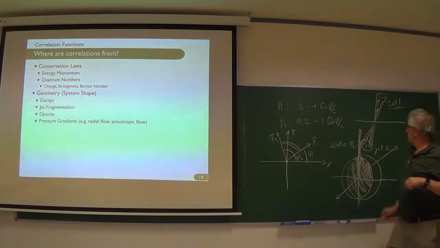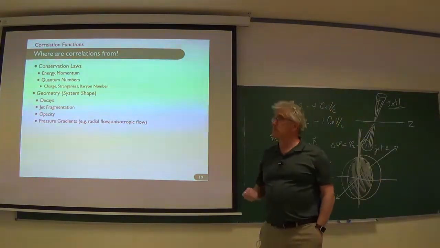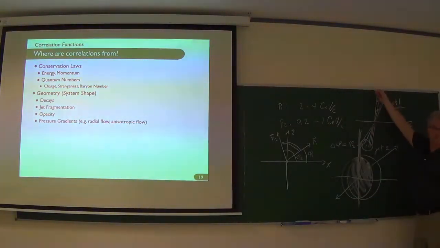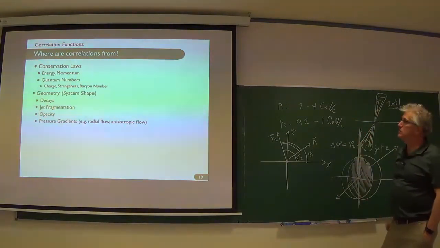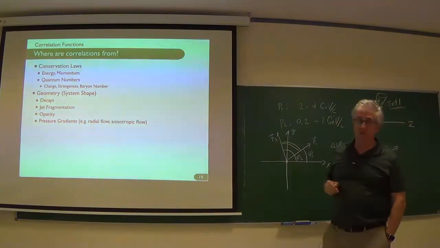So certainly, momentum conservation will lead to strong correlation. Likewise, if you have energy being emitted in some direction, you will also have to have energy emitted in the other direction. Again, energy conservation will lead to correlations of its own.